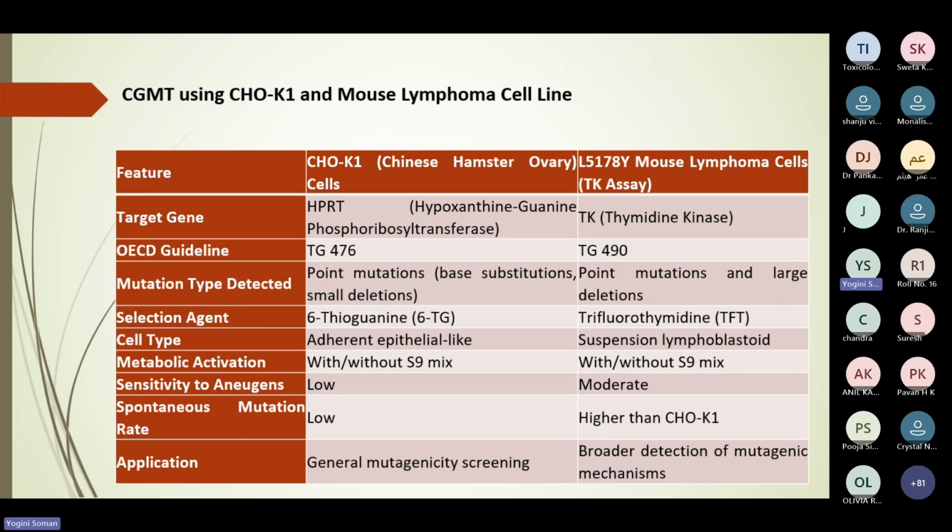For sensitivity to clastogens, CHOK1 is less sensitive, and mouse lymphoma is moderately sensitive. For the spontaneous mutation rate, CHOK1 is low, and for mouse lymphoma it is higher than CHOK1. As for application, CHOK1 is used for general mutagenicity screening, and mouse lymphoma is used for broader detection of mutagenic mechanisms.